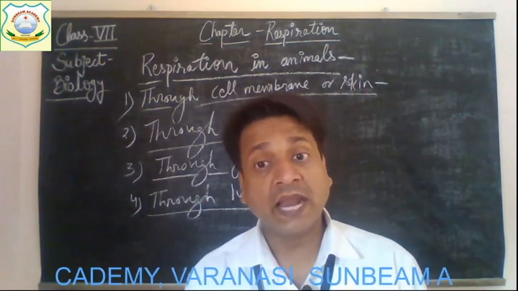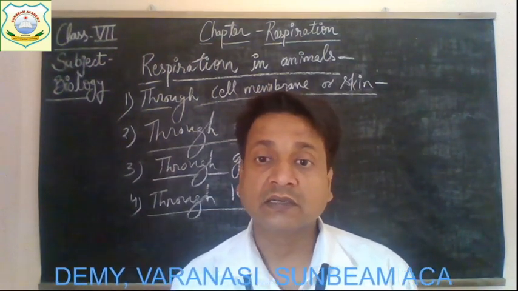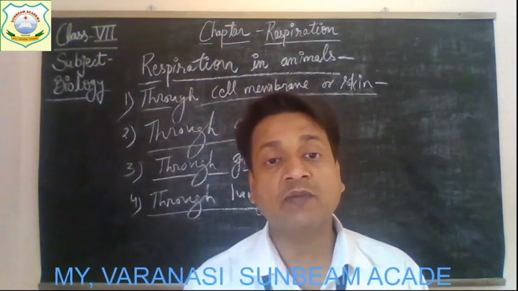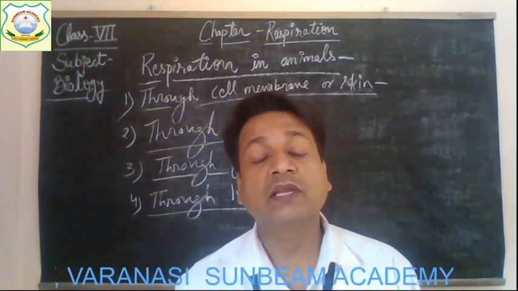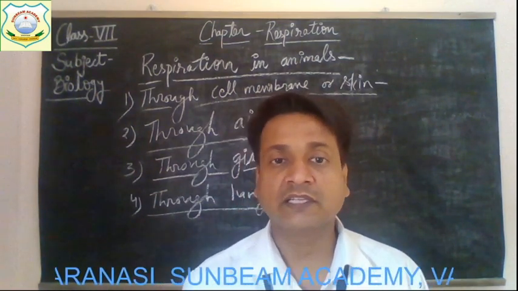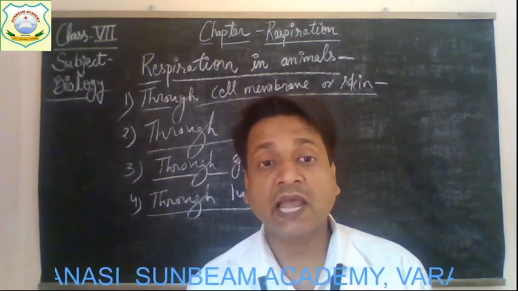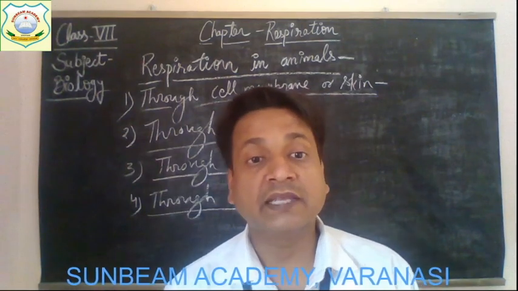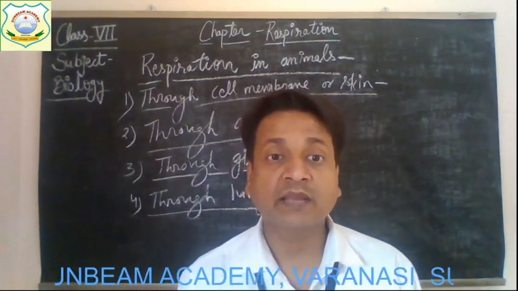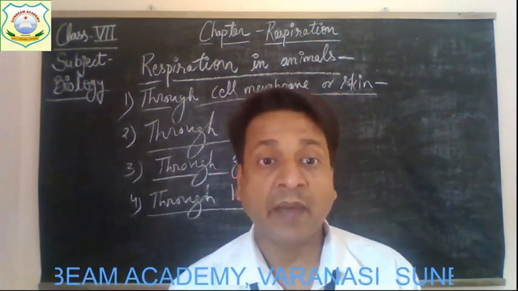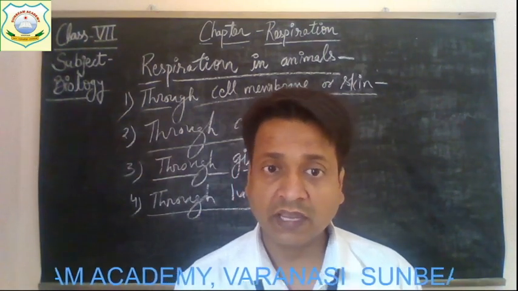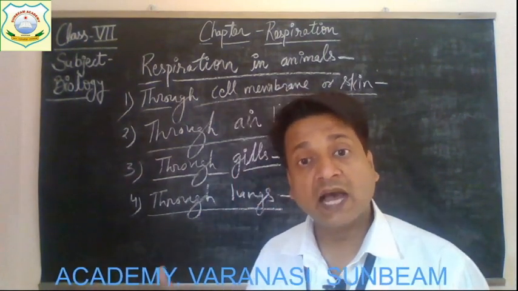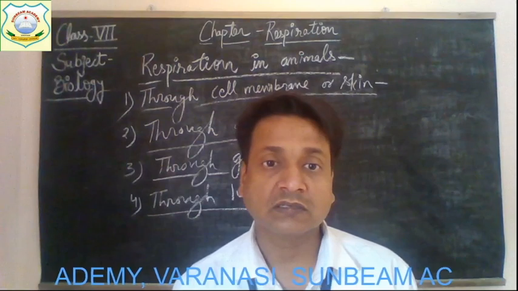Alright. And the birds and the mammals, they also have highly developed lungs where the gaseous exchange takes place. So you can say that the lungs are mainly found in developed animals like birds and mammals. Okay, actually the lungs are bag-like structures.